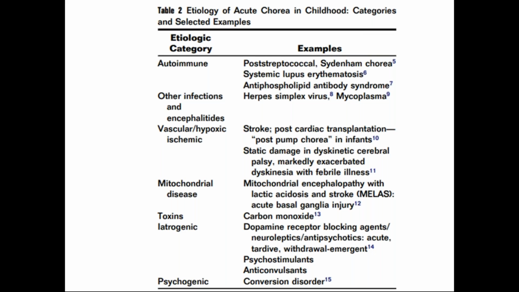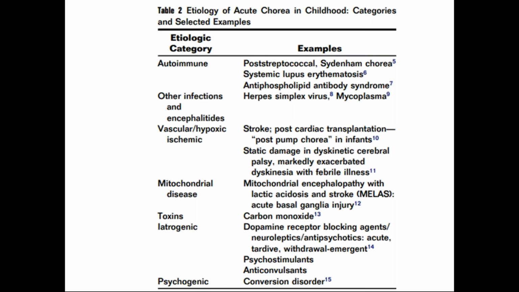Autoimmune causes are Sydenham's chorea, SLE, and antiphospholipid antibody syndrome. Infections are mostly viral, and always remember mycoplasma can cause this. Vascular causes, as we discussed, are stroke, arterial, venous, and ischemic. Mitochondrial causes include MELAS, and then metabolic causes.